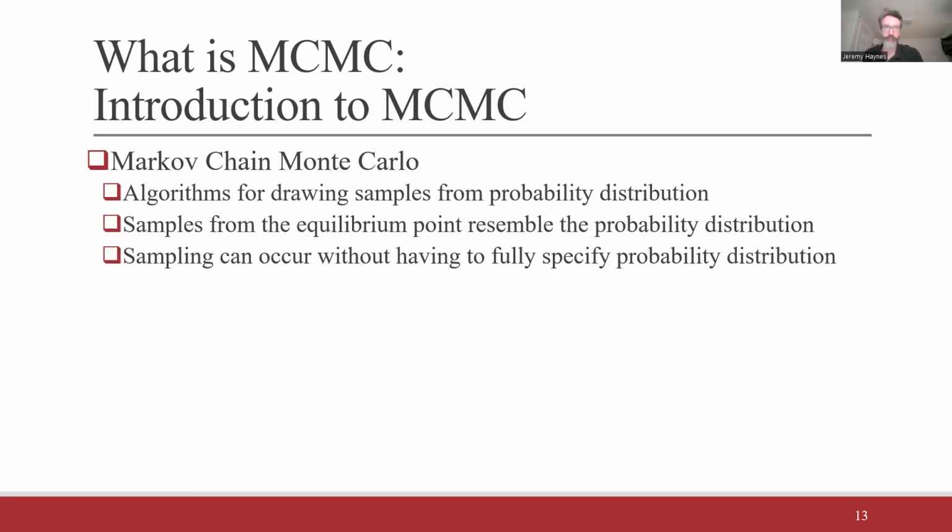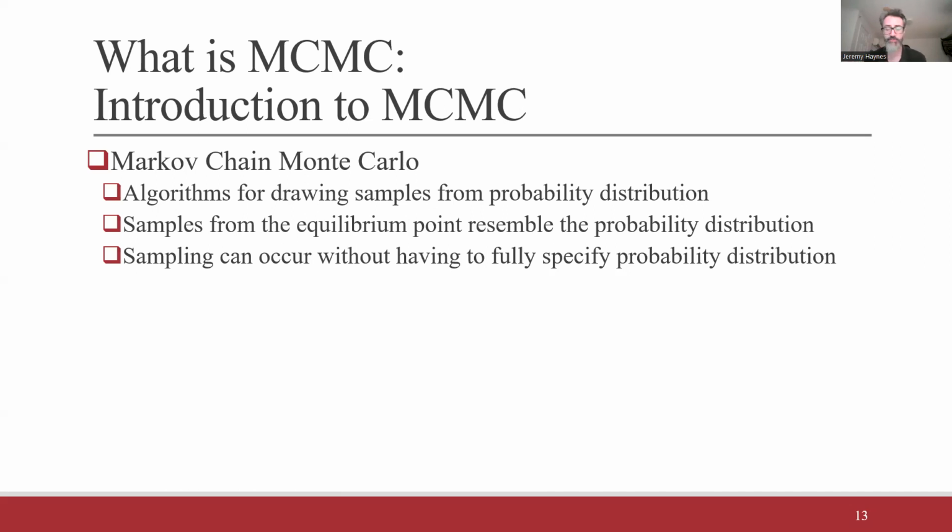And the set of samples, that is, from the equilibrium point of the MCMC resemble the target probability distribution. That is, when we draw enough samples from our joint distribution and the MCMC finds its equilibrium point of drawing these samples, that end result is the posterior distribution towards the end. That is, at the very beginning, our samples may not accurately reflect the posterior.